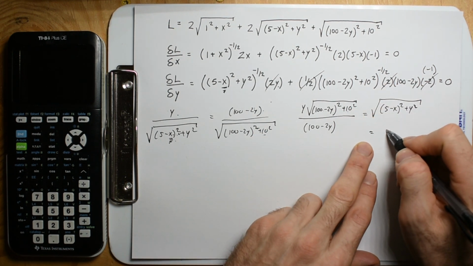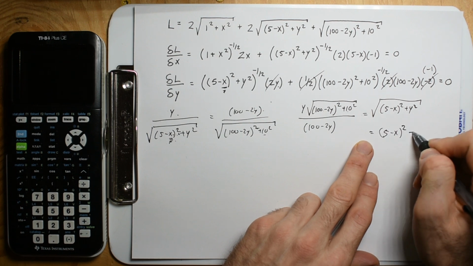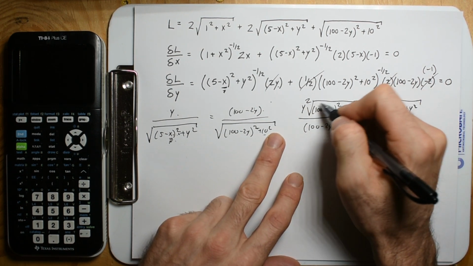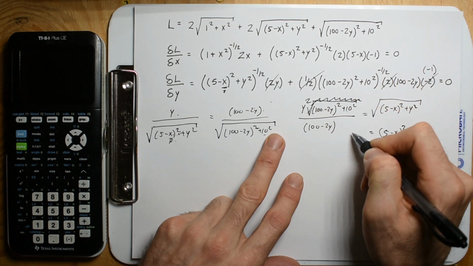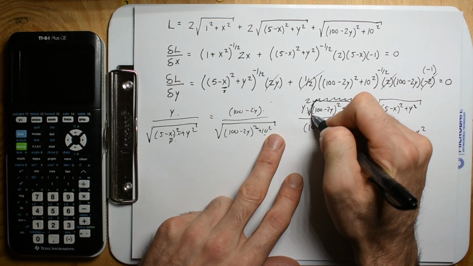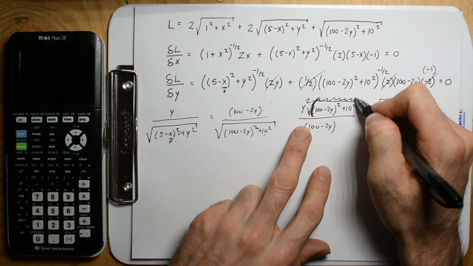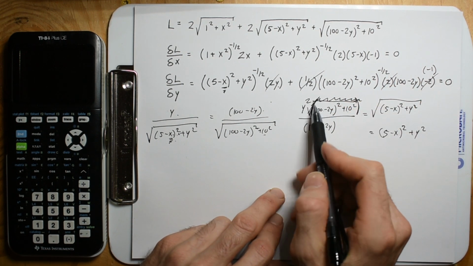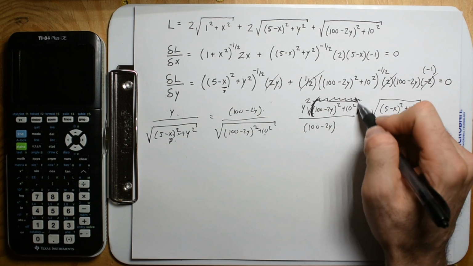So now this side is just going to be 5 minus x squared plus y squared. And this is going to be y squared. This square root goes away, but it's still multiplying. So even though that square root goes away, we still have to multiply all of this by this term. So don't mess that up.